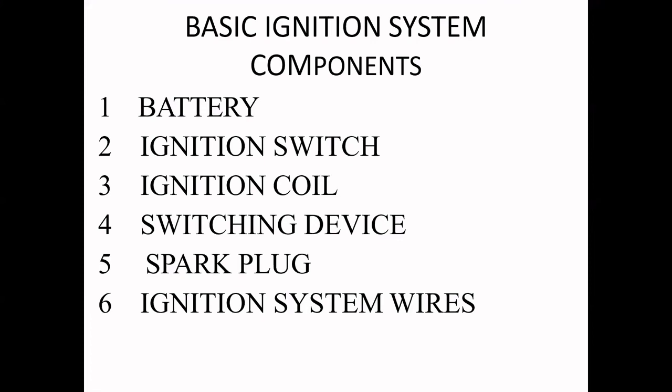Battery, ignition switch, ignition coil, which is also called the induction coil, switching device, spark plug, ignition system wires. Again I will repeat, the wiring starting from the grounding of the battery to the wire which reaches the spark gap is called ignition system wiring.